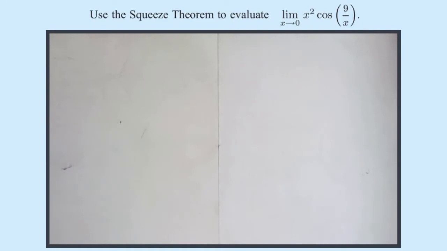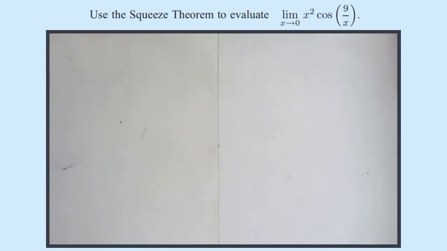So for the squeeze theorem, you're looking to trap this limit in between two other limits that you know. The upper limit is greater than or the same as the limit you're interested in, and the lower limit is less than or the same as the limit you're interested in.